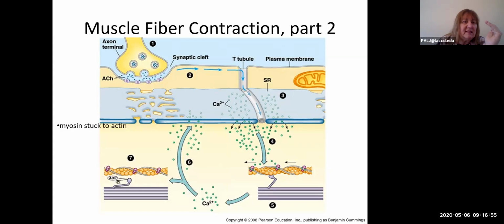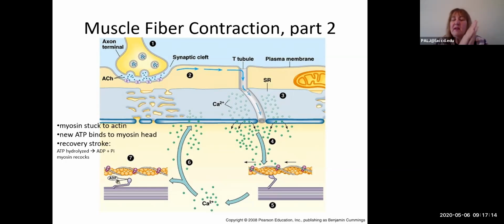The myosin is still stuck to the actin, okay? So what has to happen is a new ATP has to bind to the myosin head. That causes a destabilization of the cross bridge. The myosin head gets recocked, okay? Because that ATP was hydrolyzed by the ATPase in the myosin head.